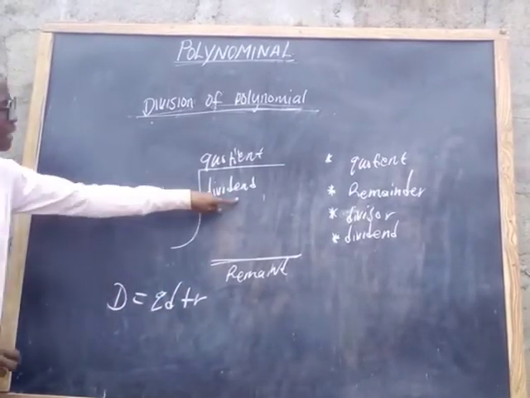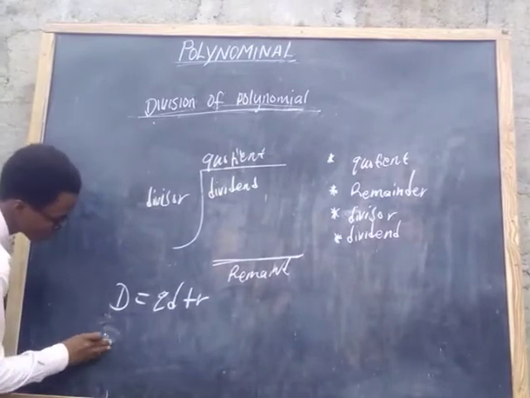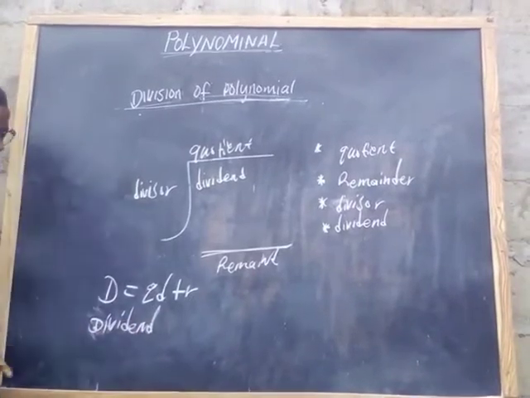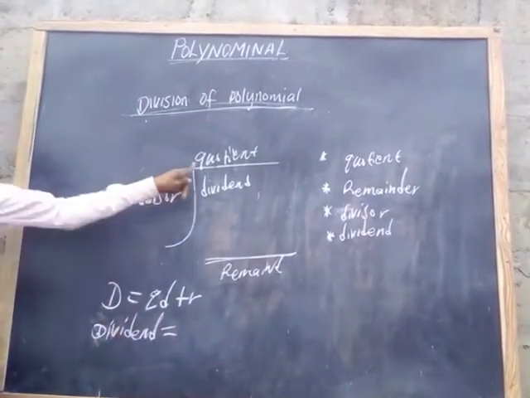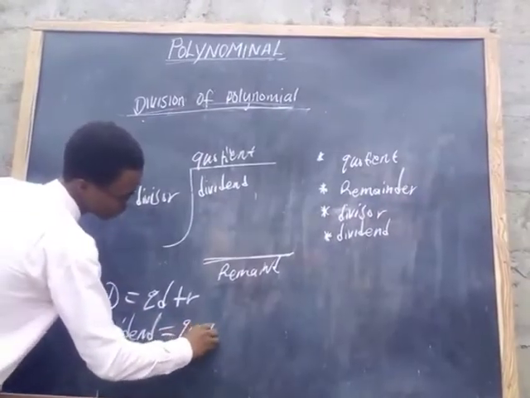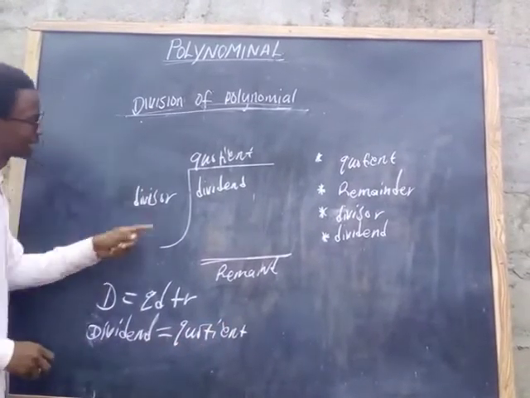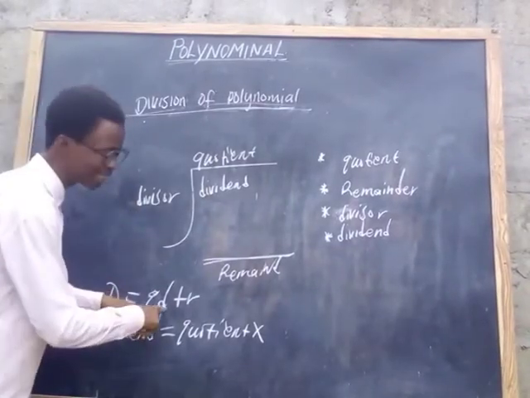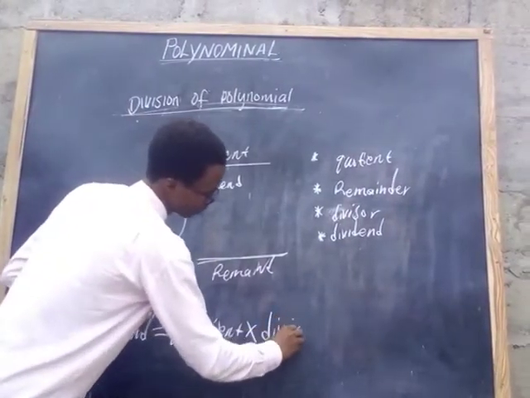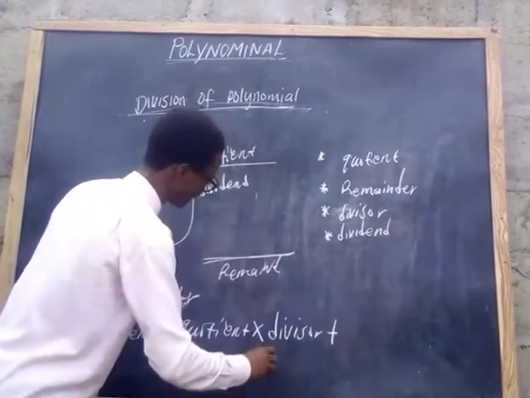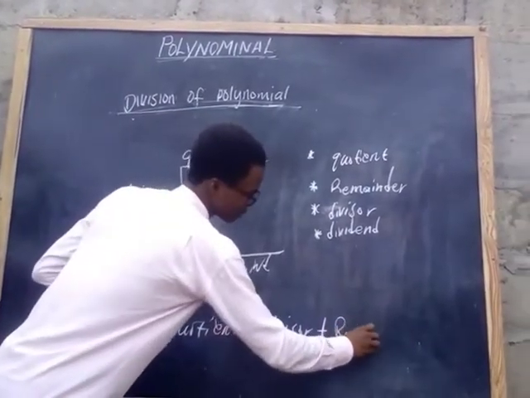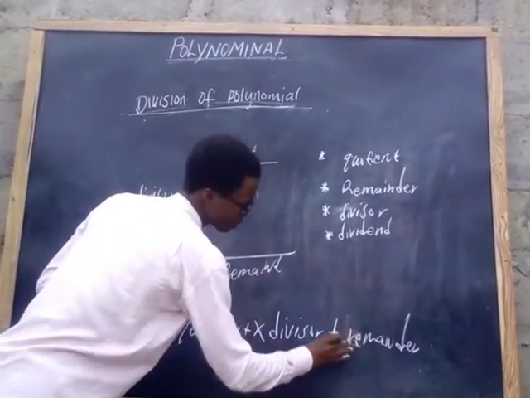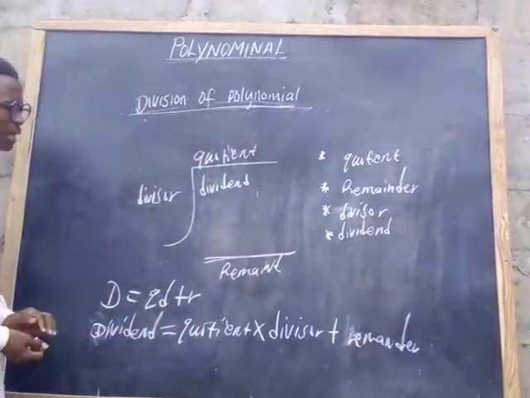Where D is the dividend, equals the quotient, times the divisor, which is D, plus the remainder, which is R. So this is how to arrange them.